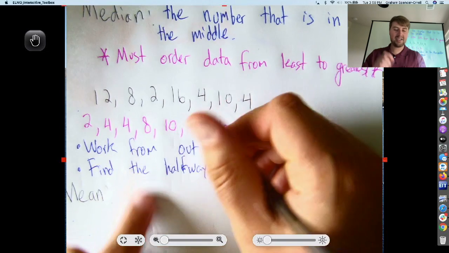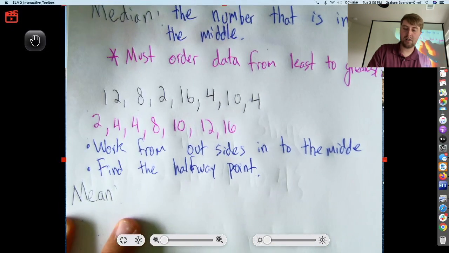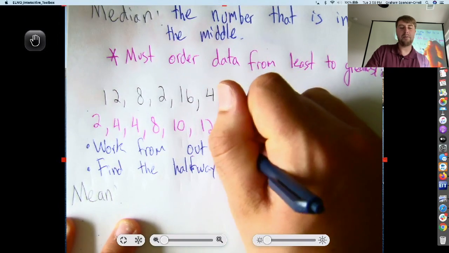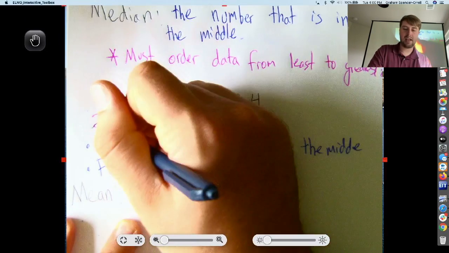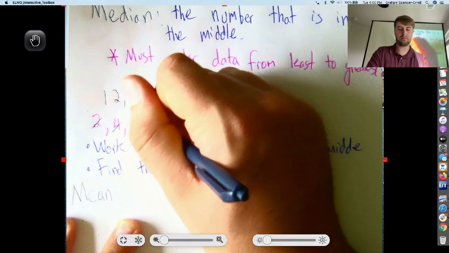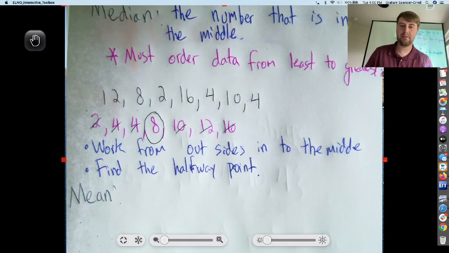The other trick I like to use when I have a small set of data and I'm concerned and like to double check my work, I'm going to cross 1 off from the right, 1 off from the left, another 1 off, another 1 off, end up in the middle. We do have 1 little tiny note off to the side.